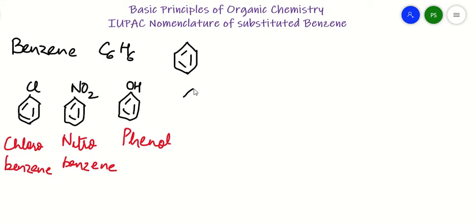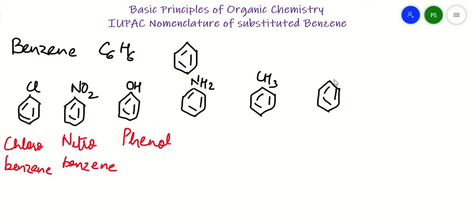Let's take some more examples. This is one compound with an NH2 group, one with a methyl group, one where hydrogen is replaced by a COOH group, and another where hydrogen is replaced by a CHO group. What names would be written for these compounds?